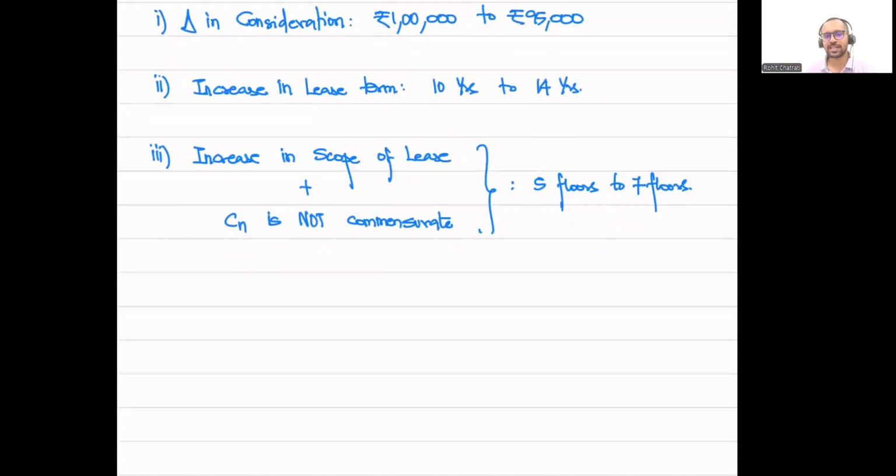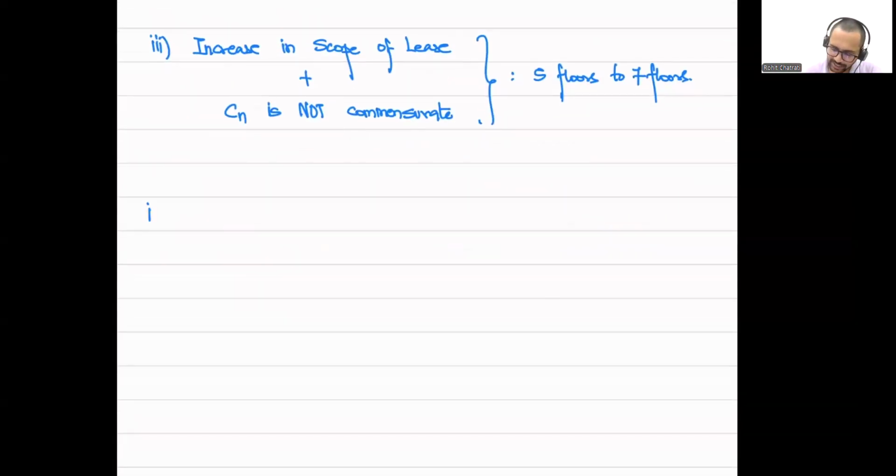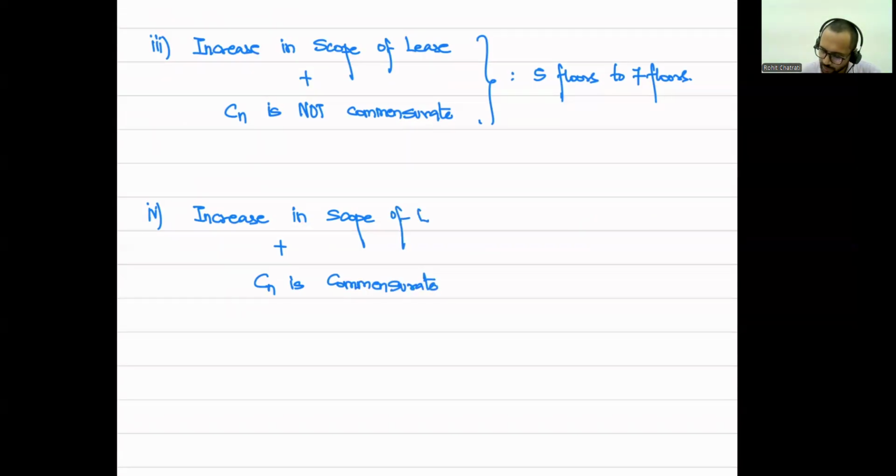I'm just summarizing the other examples that we did. We took an increase in scope of lease where the consideration is commensurate to the standalone price. In this case, we assume that the additional 2 floors that we have taken is basically a new lease contract.